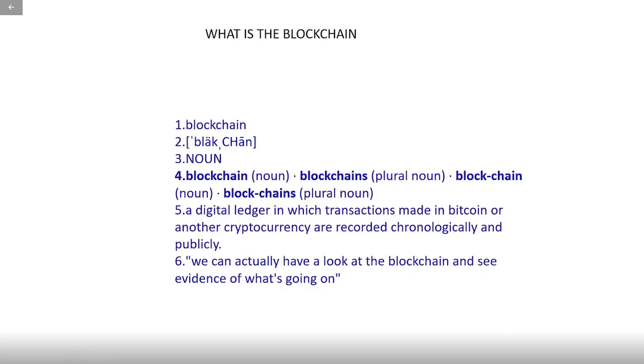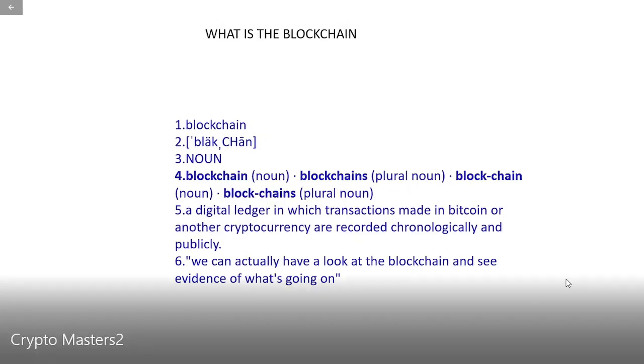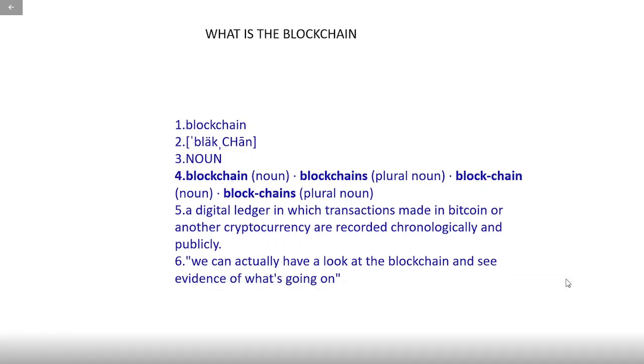All right, so first and foremost, what is a blockchain? You hear blockchain talked about all the time on the news, and on Facebook, etc. So what is the blockchain actually? The blockchain, by definition, is a digital ledger in which transactions made in Bitcoin or another cryptocurrency are recorded chronologically and publicly. We can actually have a look at the blockchain and see evidence of what's going on.